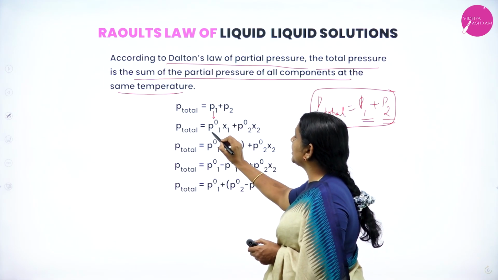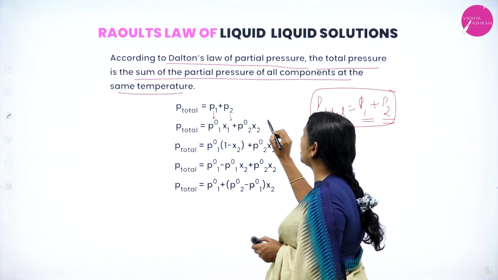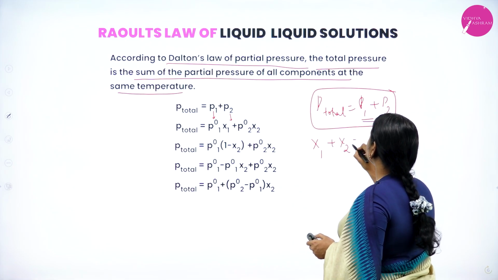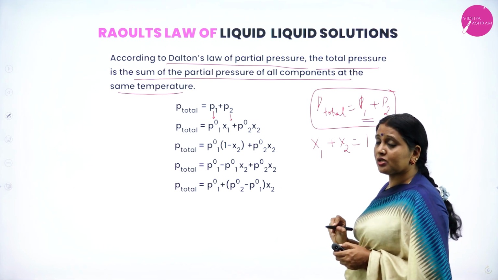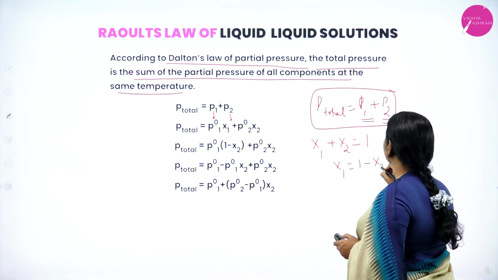Instead of P1, you write P1 naught X1, and instead of P2, you write P2 naught X2. But you know that X1 plus X2 is equal to 1, so instead of X1 you write 1 minus X2.